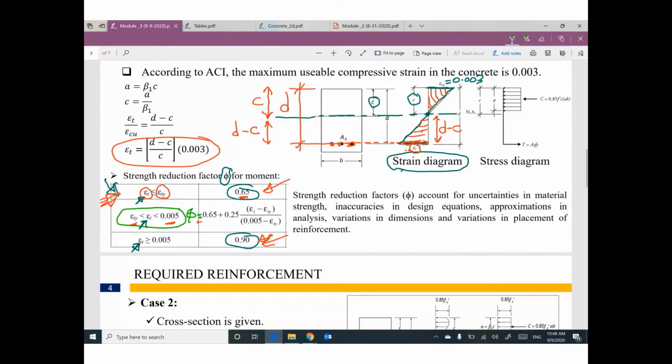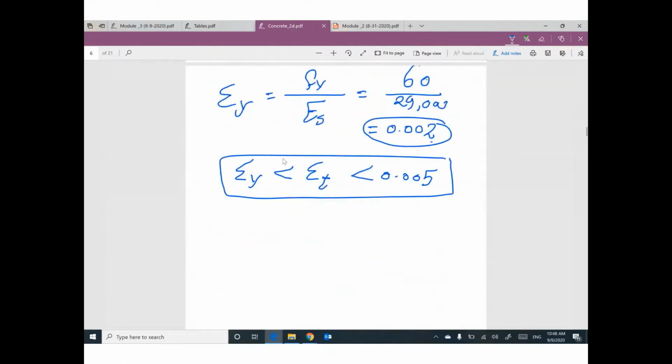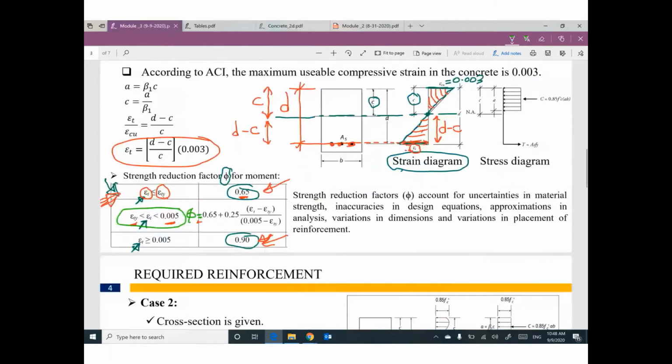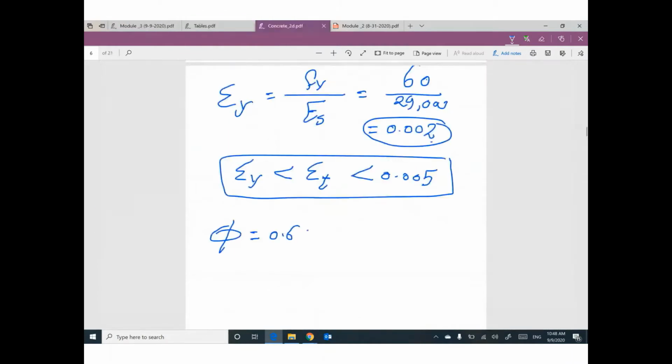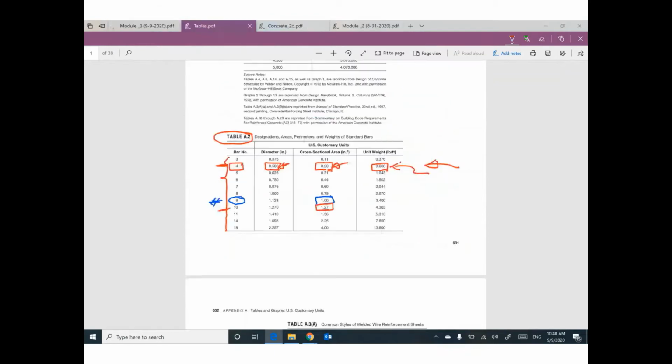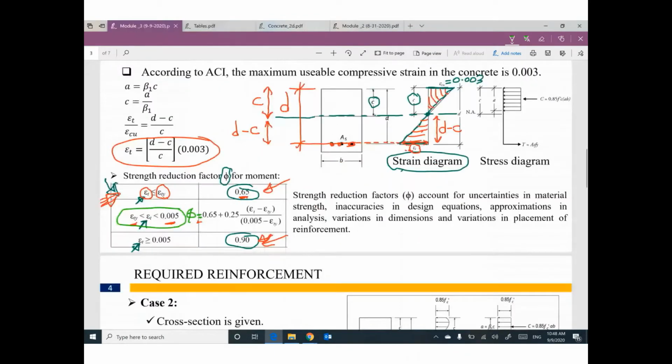So your value epsilon t 0.0043, epsilon yield 0.002. So I can figure out my values. So phi equals 0.65 plus 0.25. What do you have else? Epsilon t minus yield.